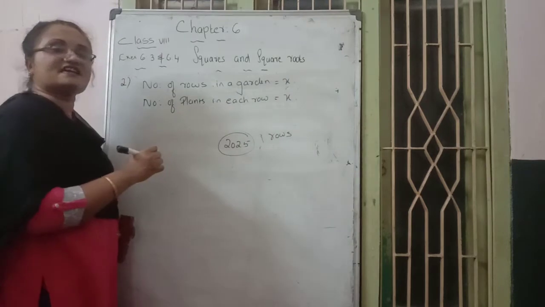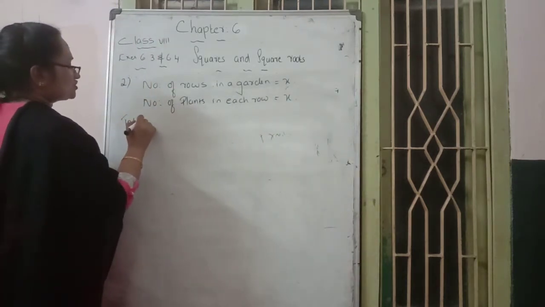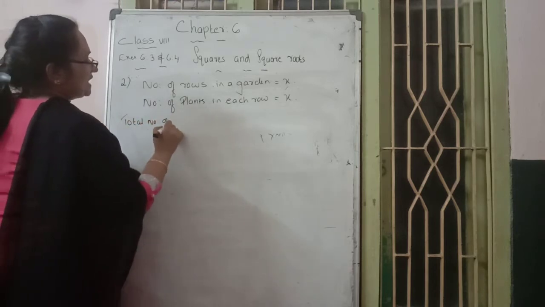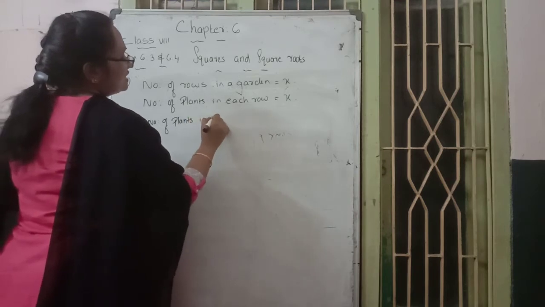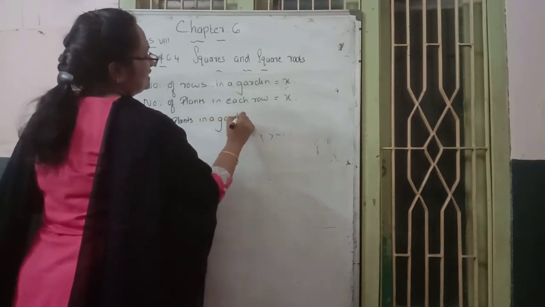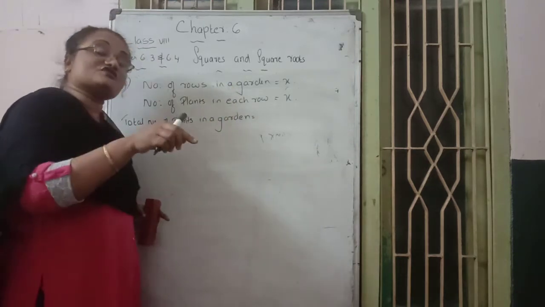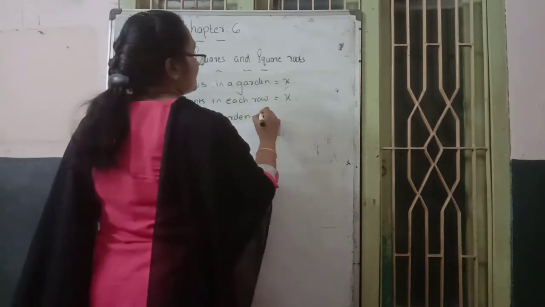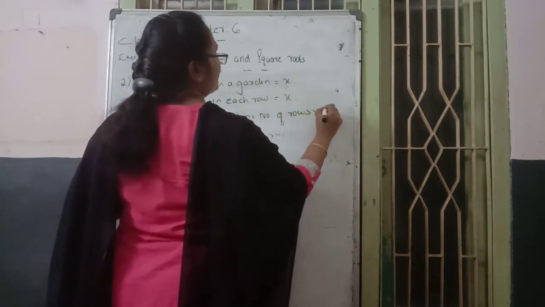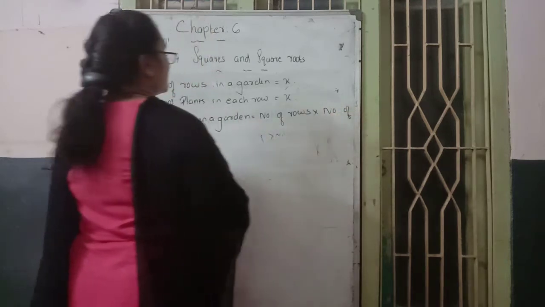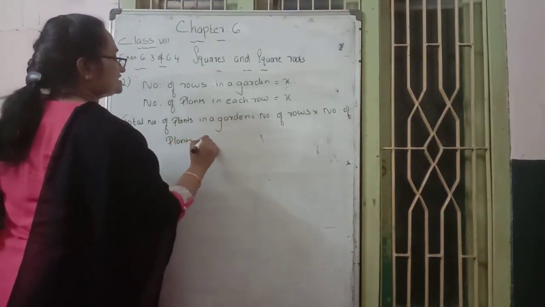But they have given the total number of plants. Total number of plants in a garden is 2025. To get that 2025, the number of rows is multiplied with the number of plants in each row.